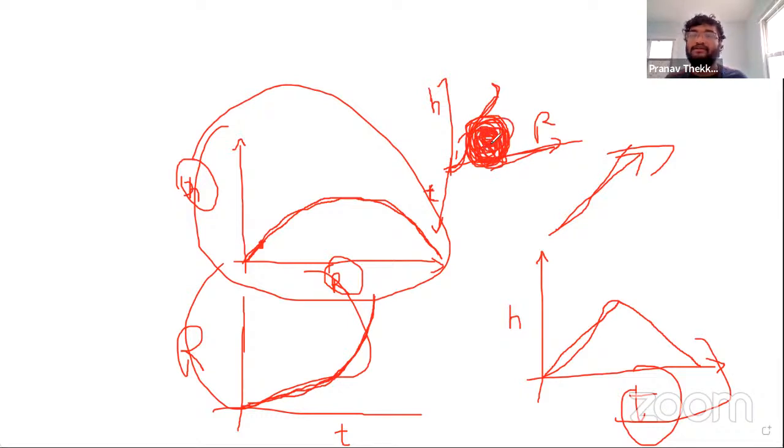Now let's say I want to know the volume of the ball, how much volume there is inside the ball. Essentially, if I want to fill this ball with air, how much air do I need to put in?